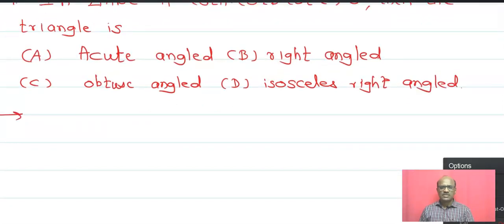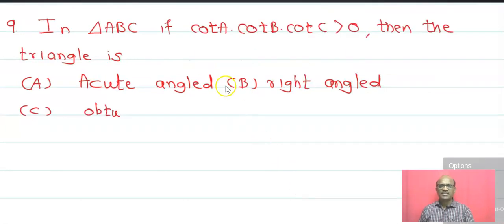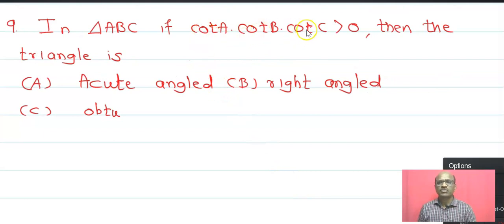Now the answer is very simple here. We have cot A, cot B, and cot C positive. But cot is the reciprocal of tan. It is positive in the first quadrant, and also in the third quadrant. But in the third quadrant the angle will be obtuse.